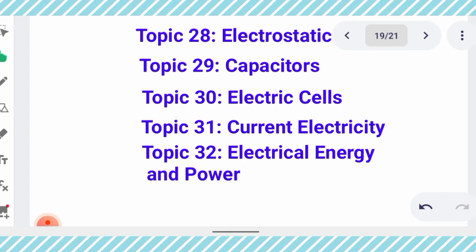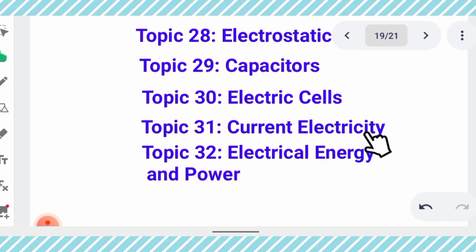So under this, we have electrostatics by induction, by friction, and that is all. We talk of capacitors. A capacitor is a device for storing charges. Then we have capacitors in parallel, capacitors in series. Then here we talk of electric cells, which is the connection. Just read them, you understand.